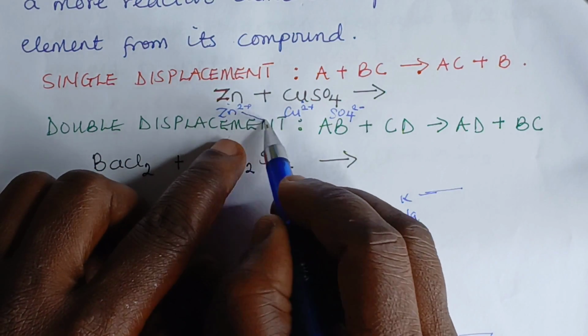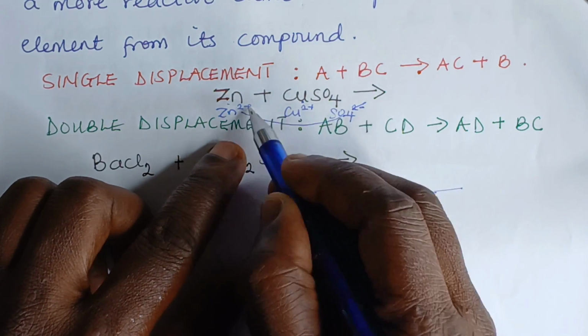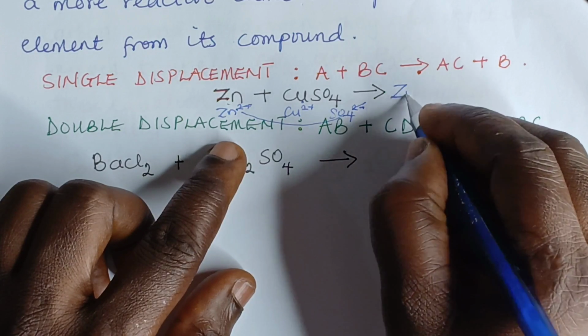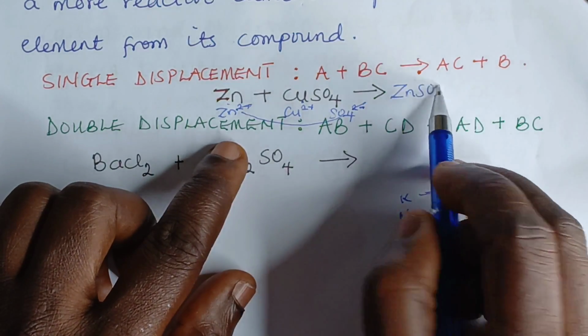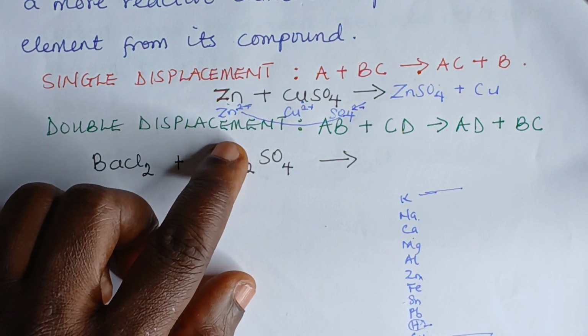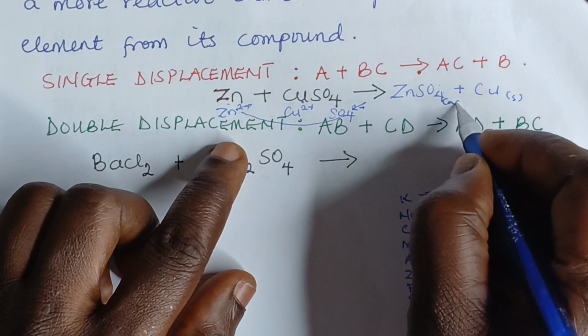So the zinc can combine with tetraoxosulfate 6, and because they carry equal numbers of opposite charges, they cancel out. So we have ZnSO4, positive at the front, negative at the back, and then we have copper left in the form of an atom. It's a solid, and the ZnSO4 is in aqueous form.